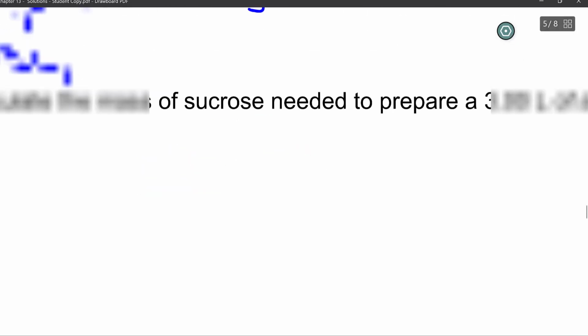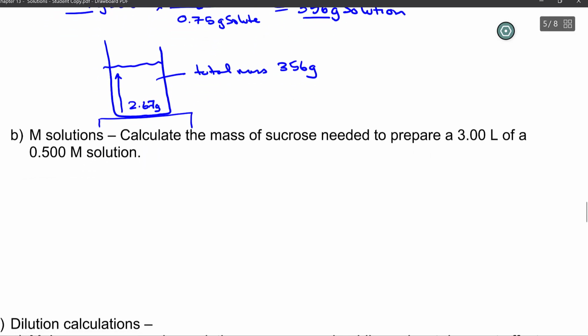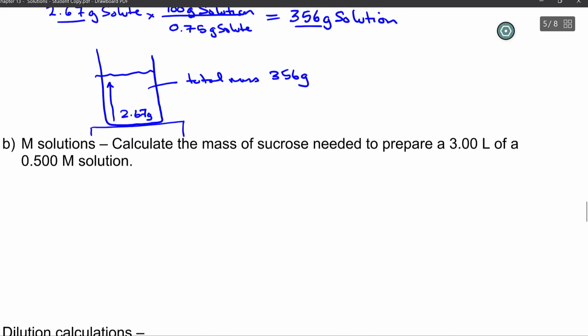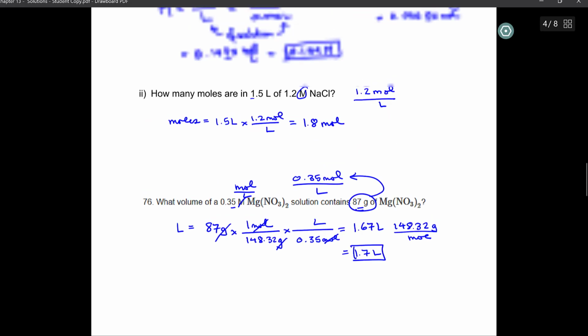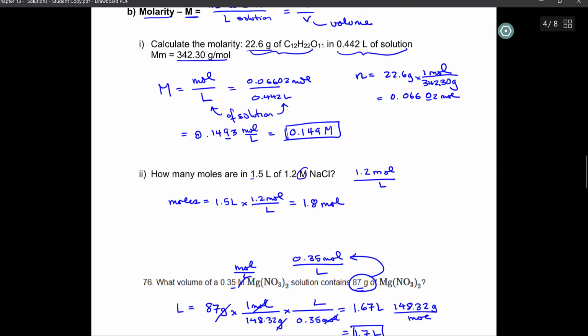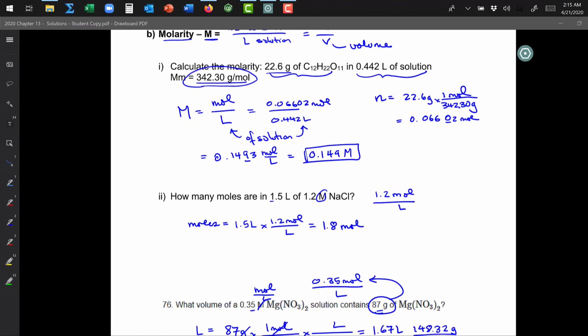Now, molarity solutions are made in a slightly different way. We want to calculate the mass of sucrose. Now, sucrose was given up here. So this is sucrose, that's its molar mass, 342.3.